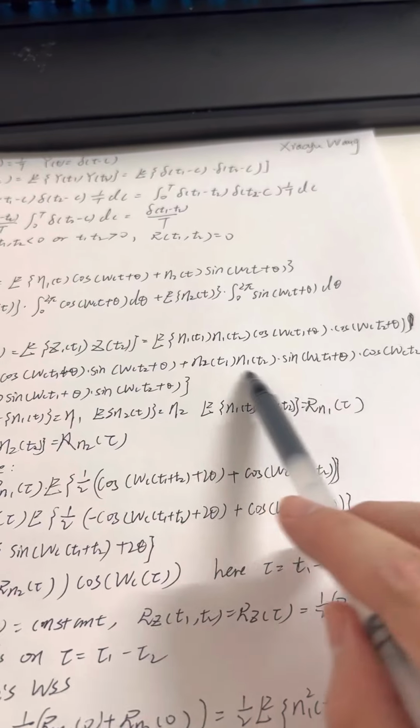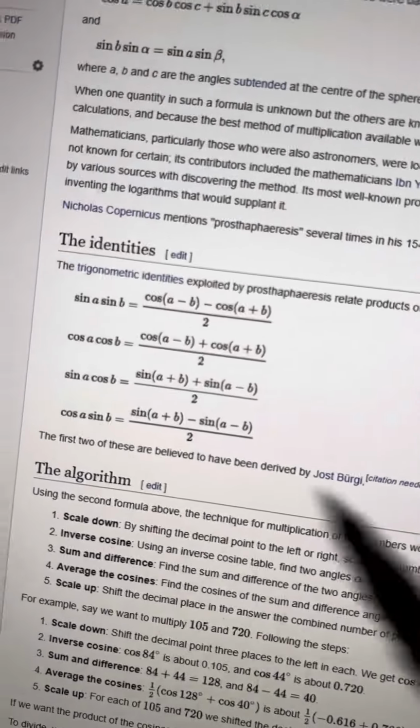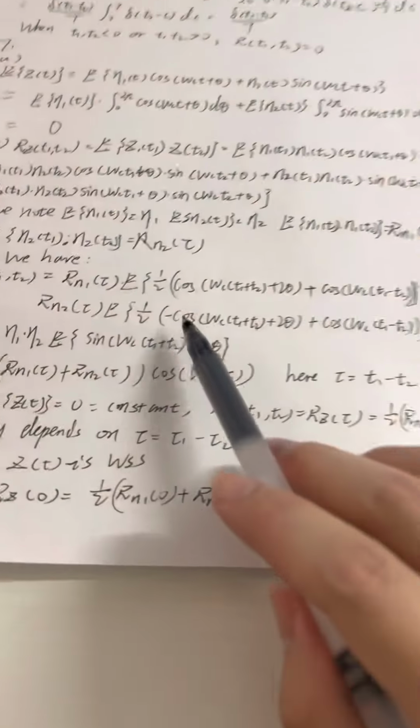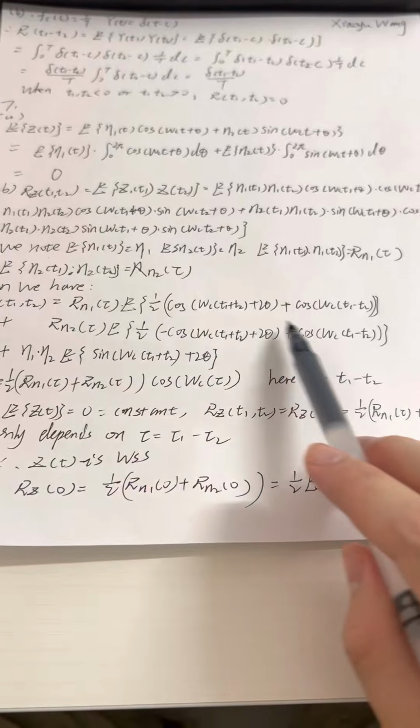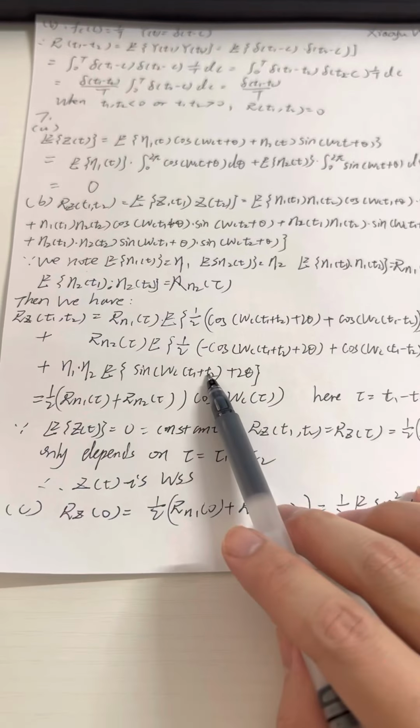We can get those parts like this, and for the later part, we can use the probability function of a triangle function, and finally we get this.